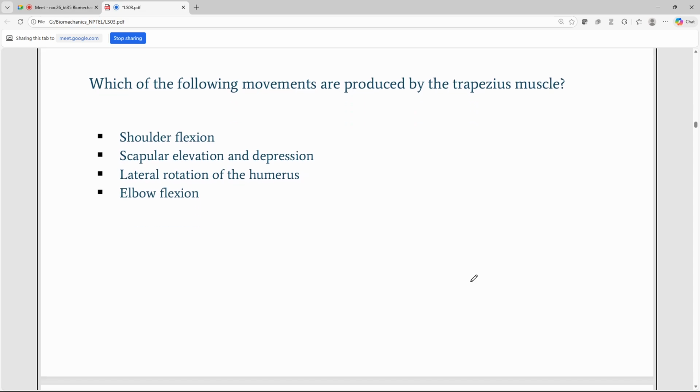Next question. Which of the following movements are produced by the trapezius muscle? So if you remember, which one is the trapezius muscle?